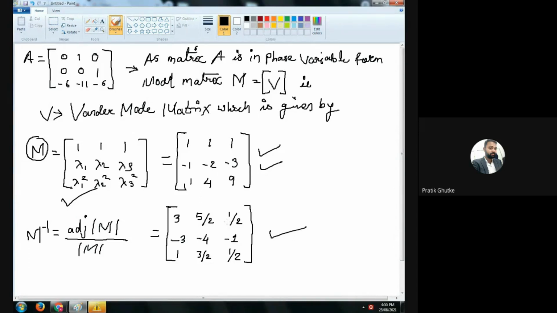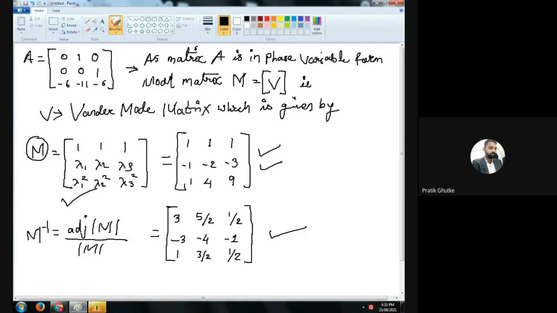Okay, then moving forward, I have to calculate the lambda for this. Why am I calculating all this? Because we have to state the model and obtain the explicit solution for the state vector. For calculating the explicit solution, I have already made the canonical form previously.